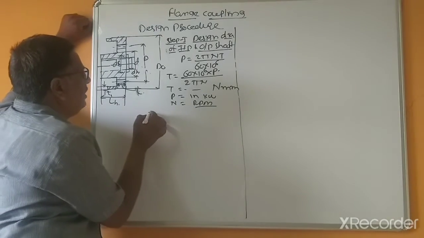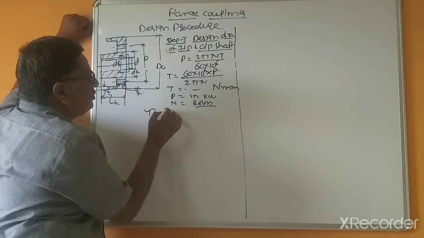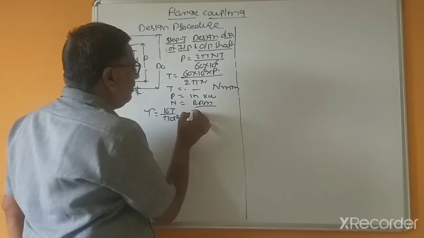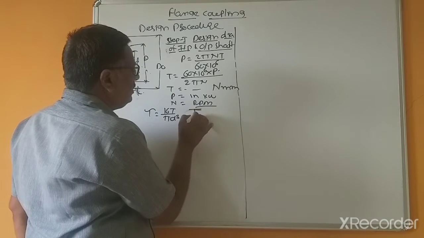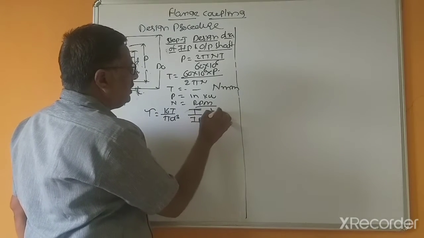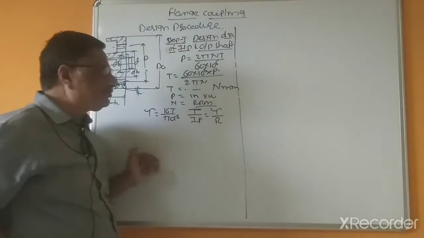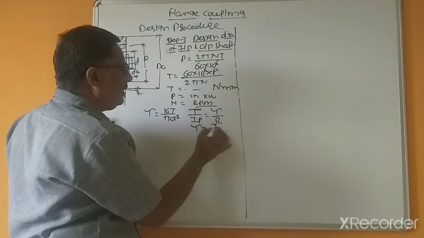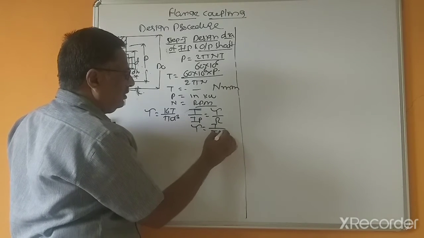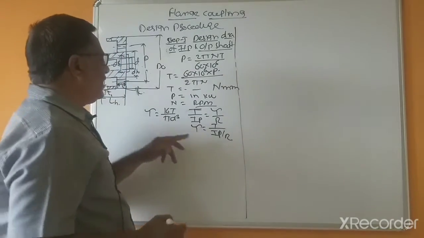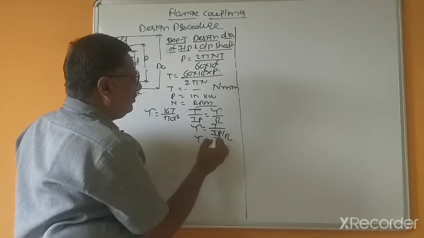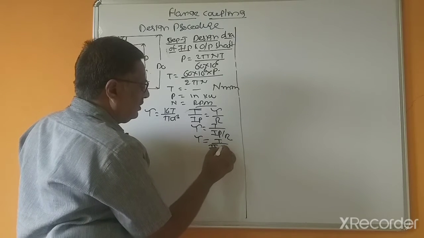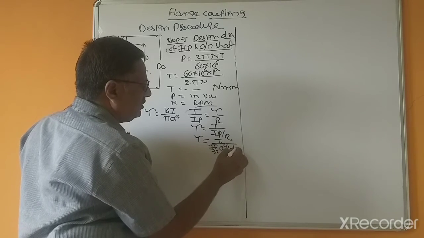By using this formula, design of the shaft: tau equal to 16T divided by pi d cube. This formula is for a solid shaft, by using the equation T divided by polar moment of inertia IP equal to tau divided by R. By cross multiplication, tau equal to T divided by IP into R, where IP equal to pi by 32 d raised to 4, and R is d divided by 2.